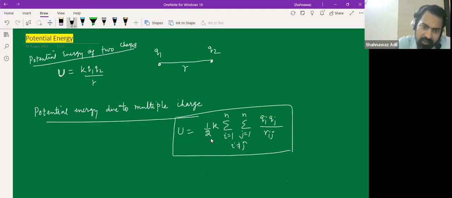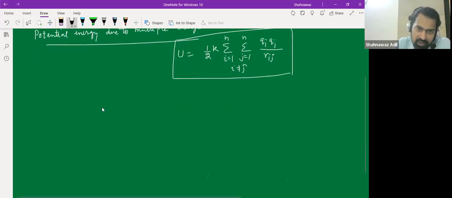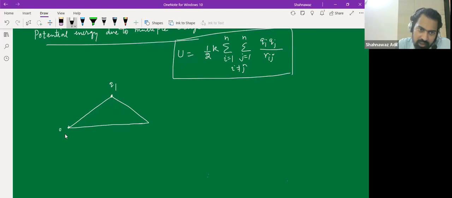Let me give you the example of three charges. Let's say Q1, Q2, Q3, and let's say this is R12, this is R23, and this is R13.